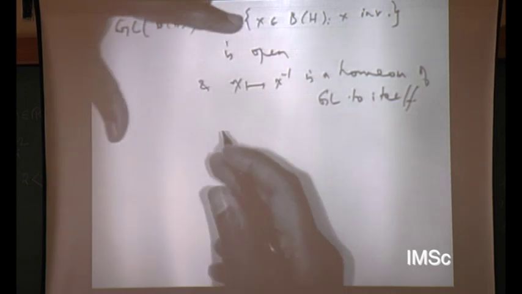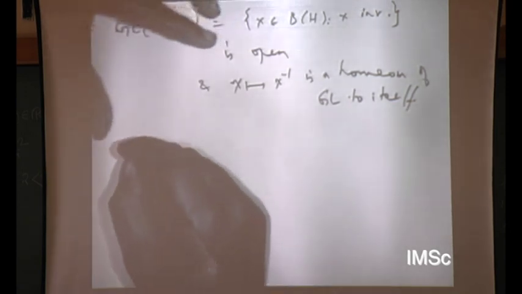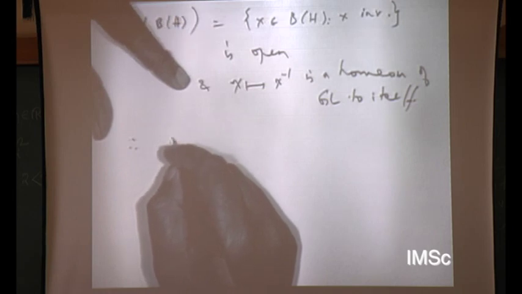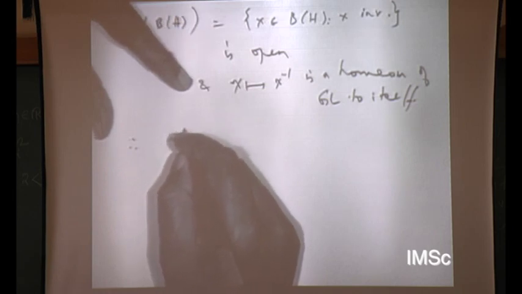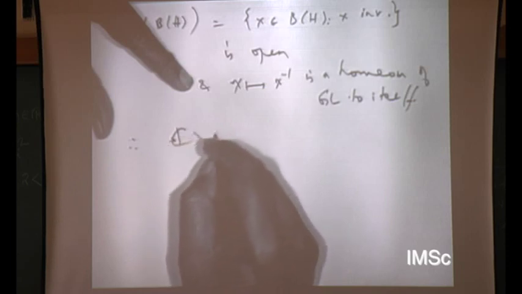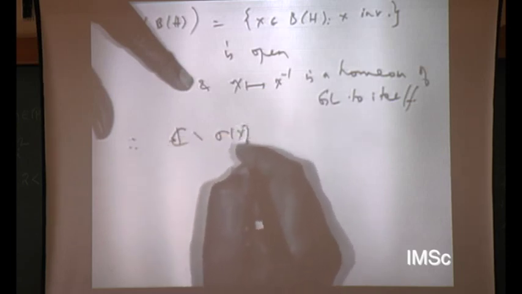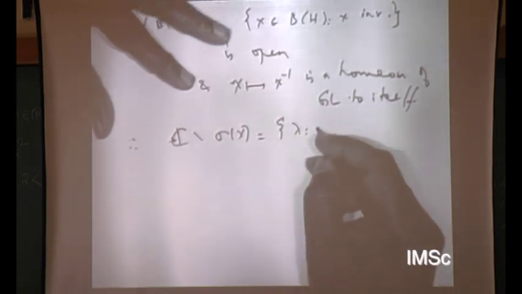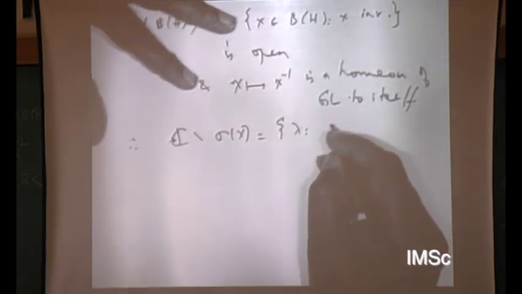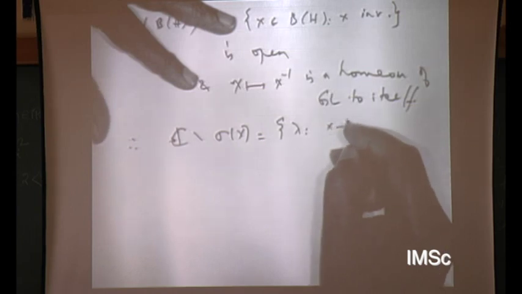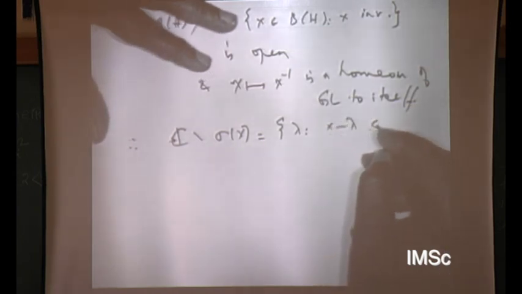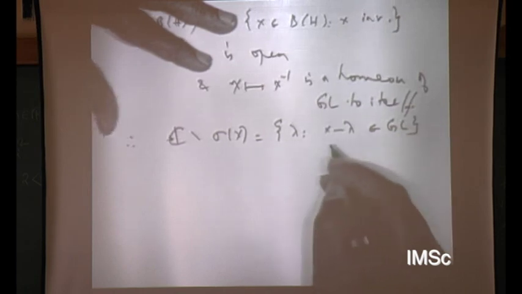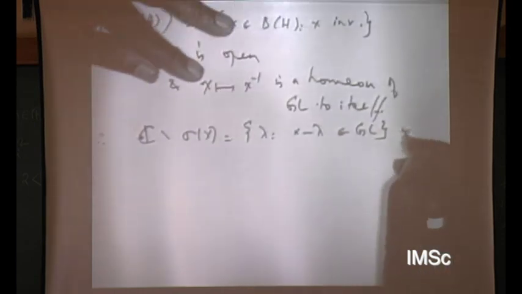And consequently, at the end of the long story, if you look at C minus the spectrum of x, which is all the lambdas such that x minus lambda is in GL, is open.